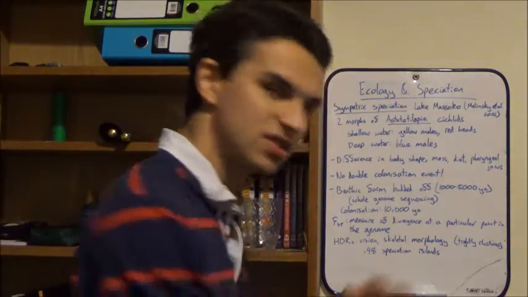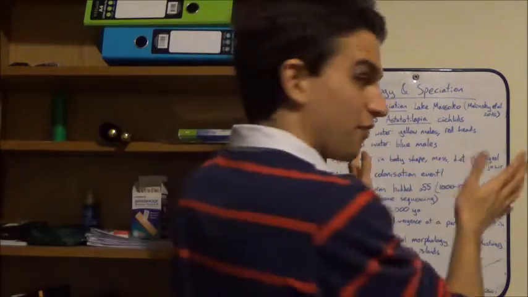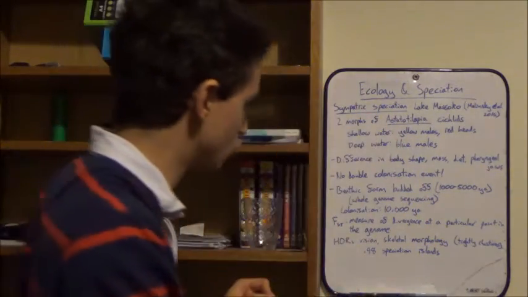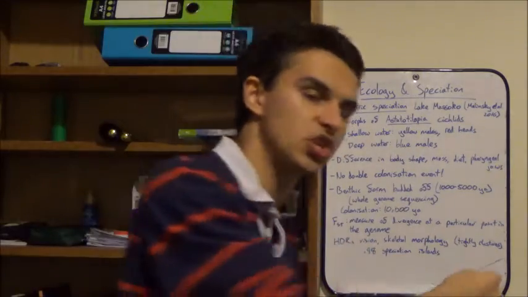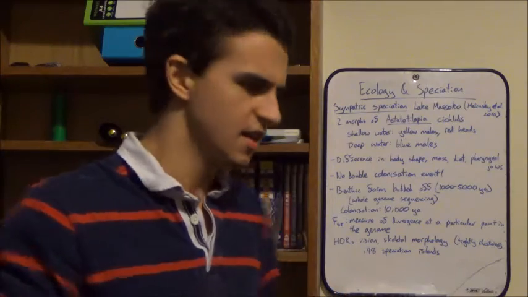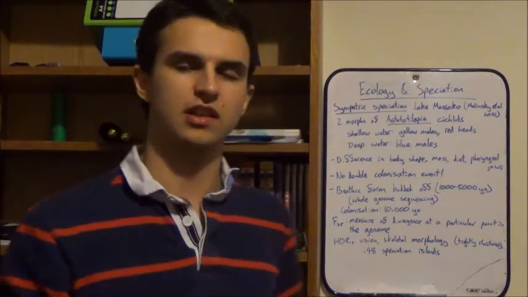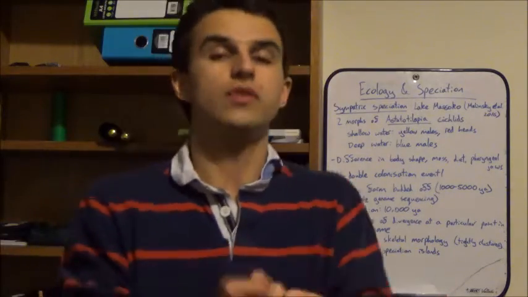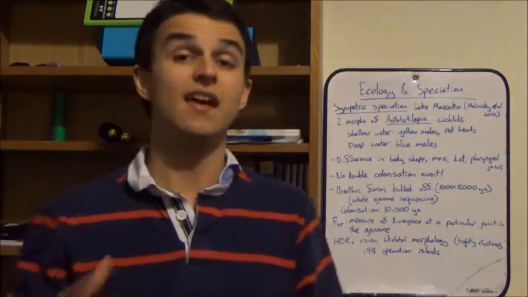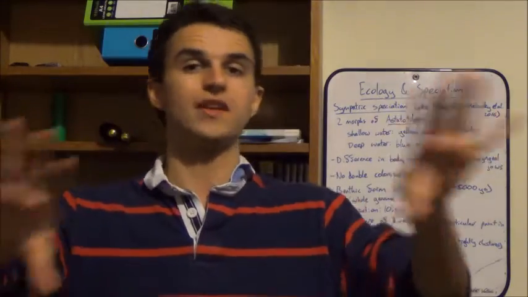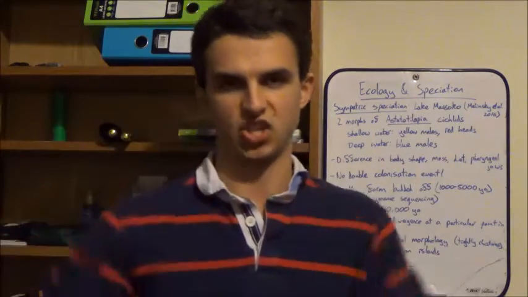Here, divergence hasn't been taking place for a very long time, so you only get divergence in the particular genes of interest, the ones involved in vision, skeletal morphology, that sort of thing. So when we're studying speciation, the thing we've got to learn here is that it's good to study species which are only just diverging. If you look at two completely distantly related species, it's hard to learn much from that because so much time has gone past that the genomes have already had loads of time to evolve and change.